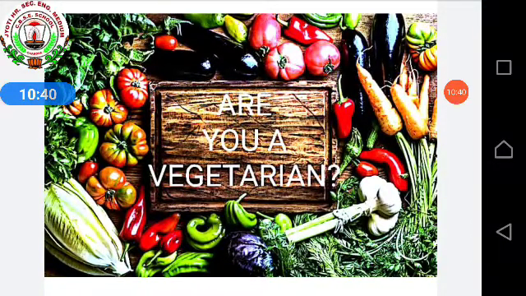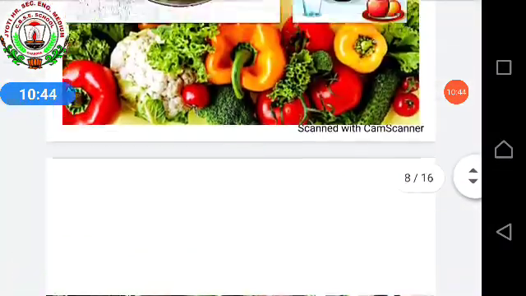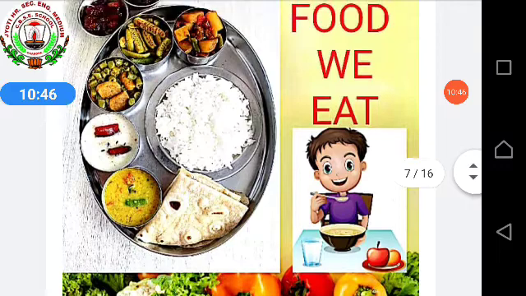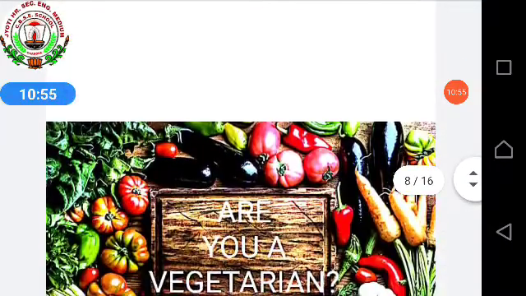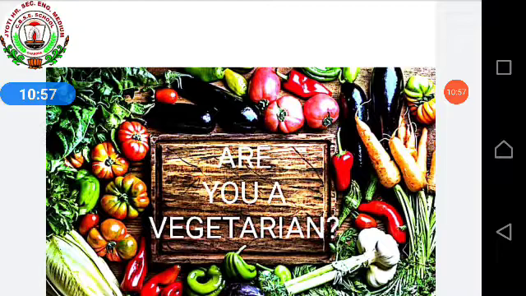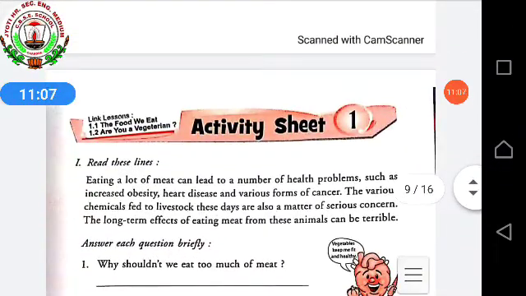I hope you all remember chapter 1, the food we eat, in which we came to know about various kinds of food that we eat, about fiber, protein, all the 6 nutrients. And in are you a vegetarian? we learned that a person is healthy only if a person is a vegetarian. Is it? Now let's start with your activity.